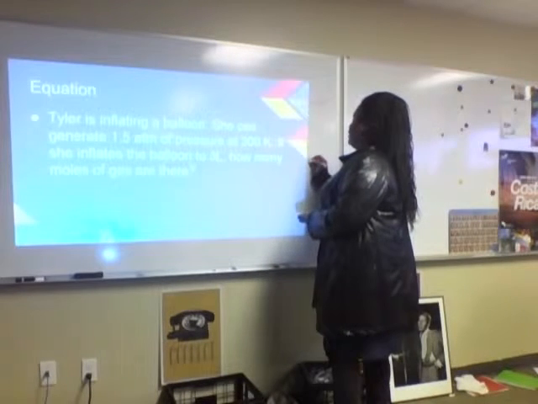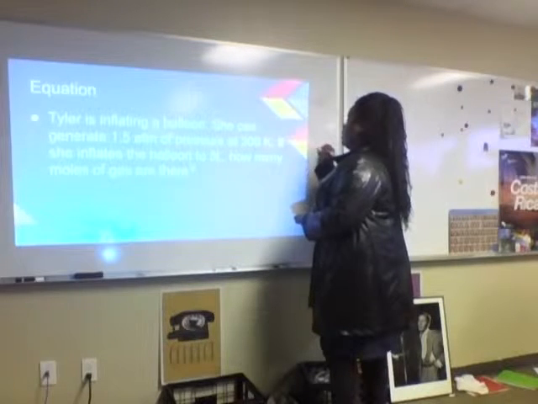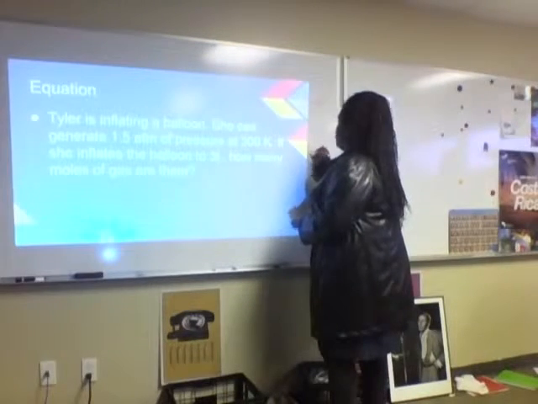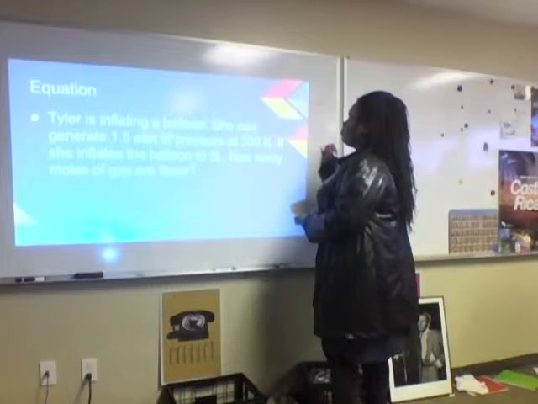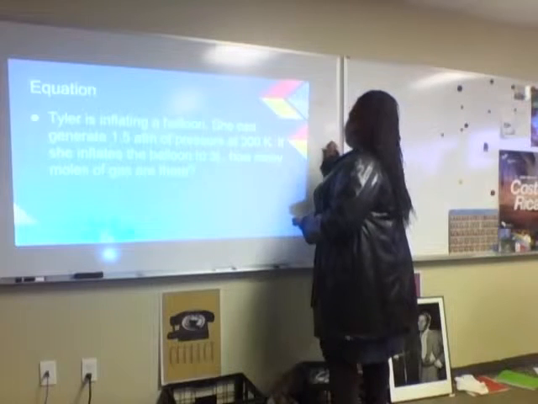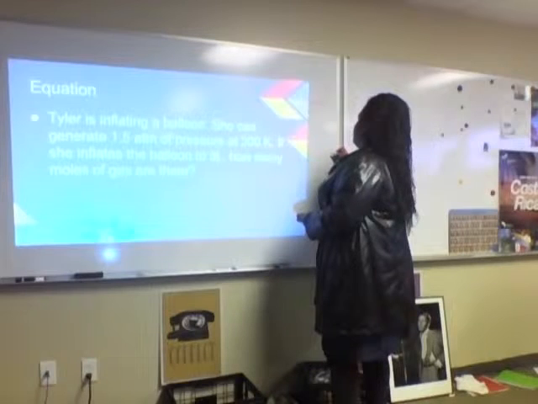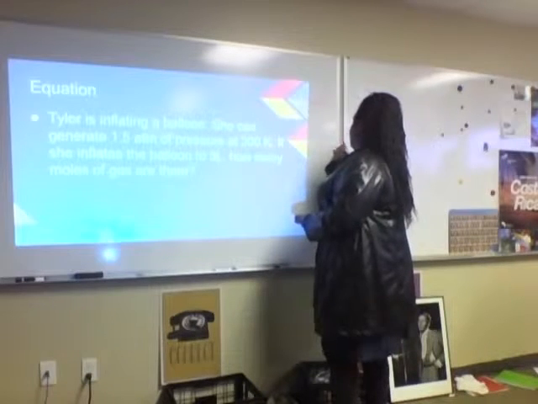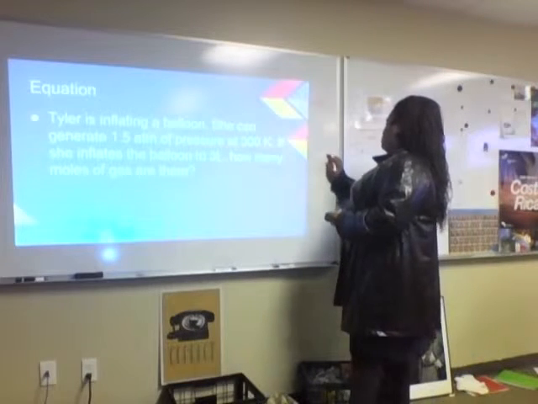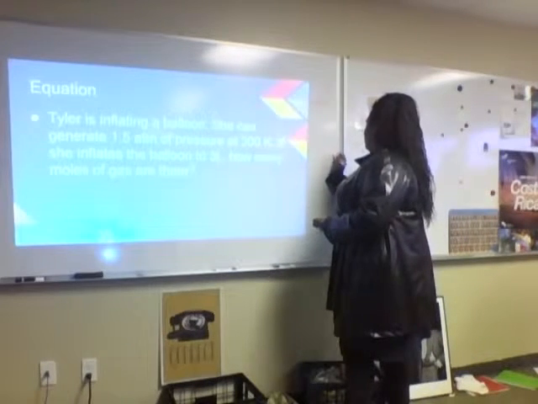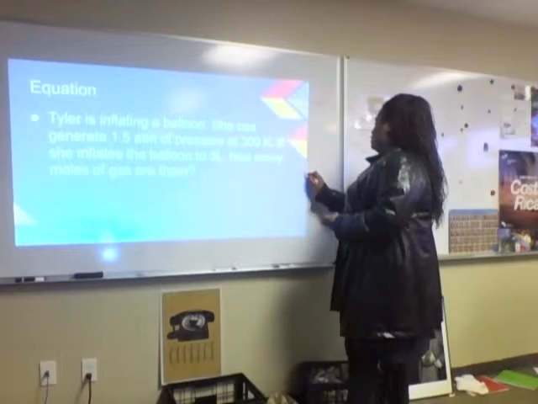So it'd be 1.5 times 3 equals n times R times 300. We're trying to find n, the moles, and the temperature is 300. All you do is divide, because this one has a variable. Divide both sides by 300, and then you get the answer.